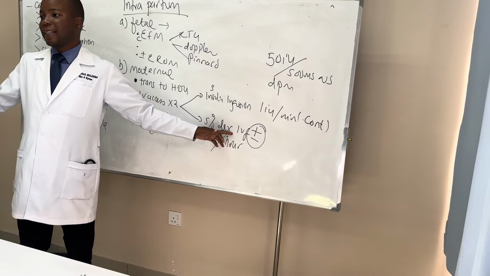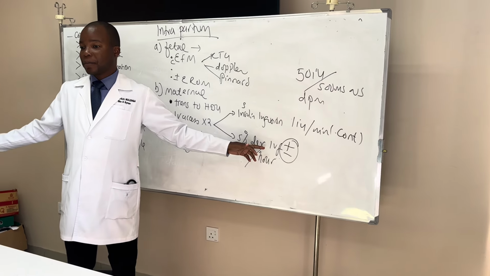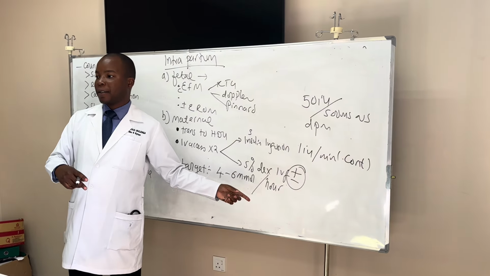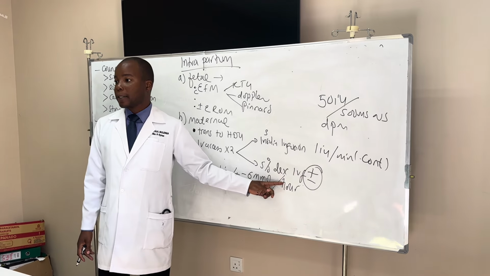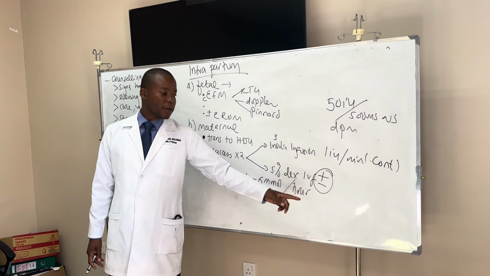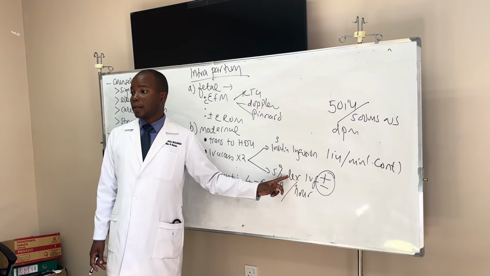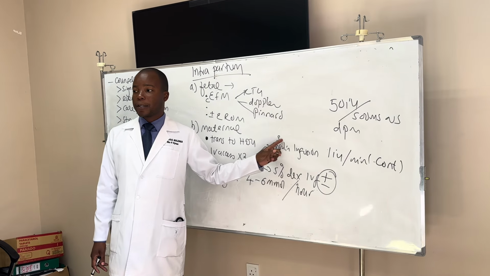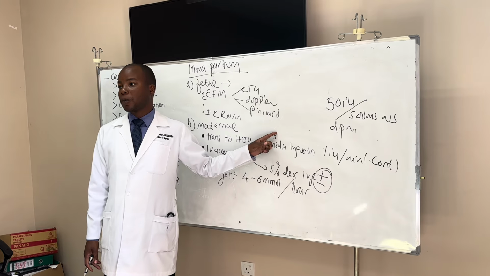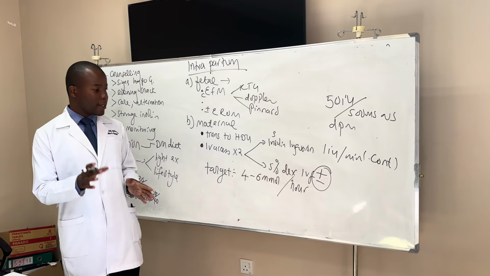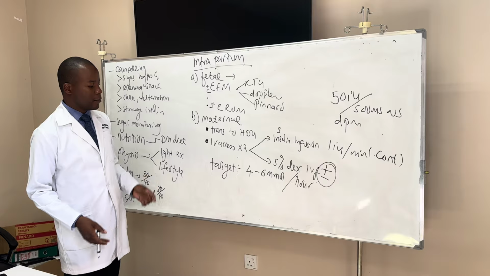But the insulin infusion is continuous, and you wait for the next 1 hour. If you find that the sugar is very high, more than 6, maybe it's 8, what are you going to do? Obviously, you won't run the 5%, but you increase the dose of the insulin from maybe 1 to 2 international units. You see, so it's like you are playing around with the numbers.